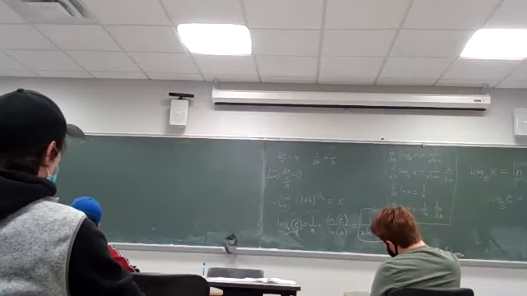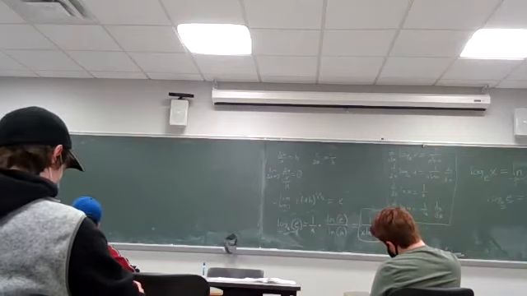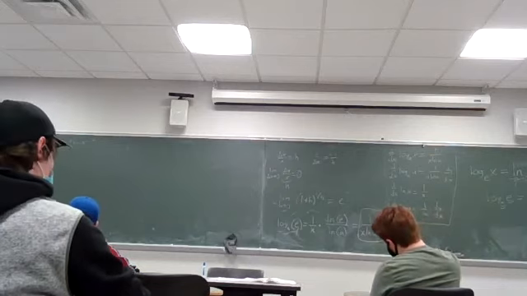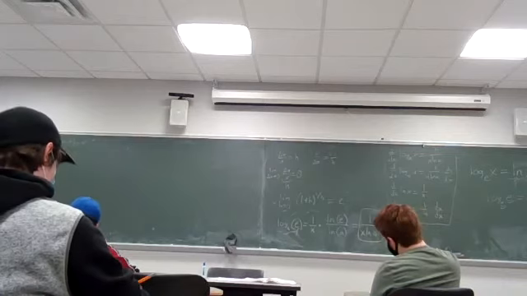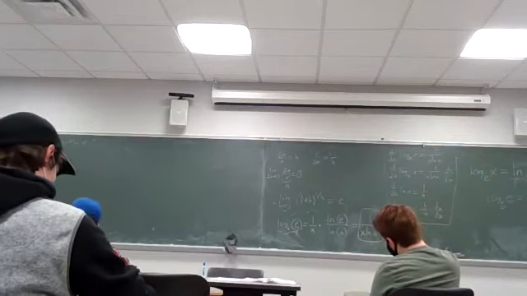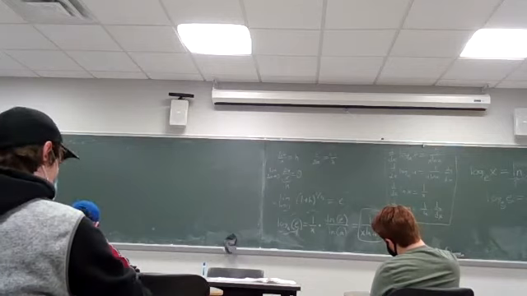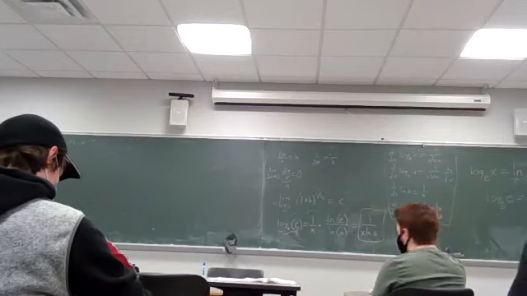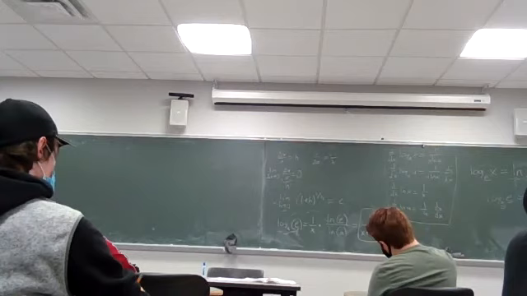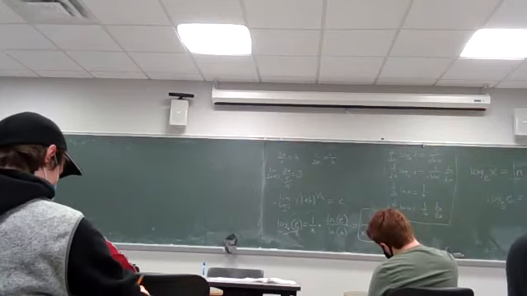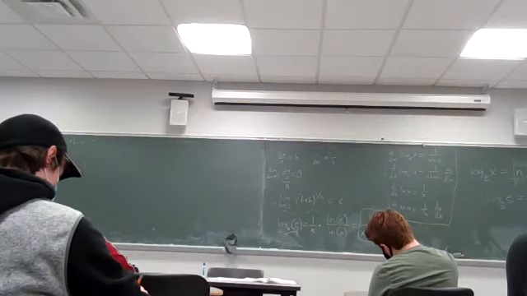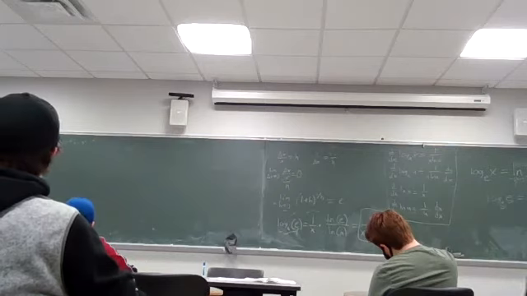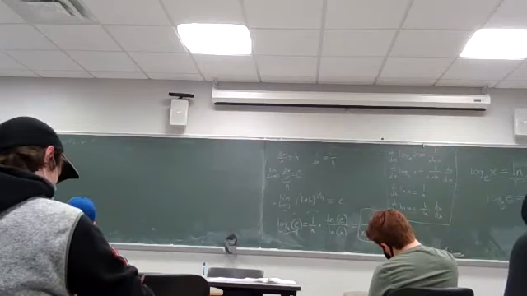We have log base 2 of some u, because this is an x, this is u. So it tells me the derivative of log base a of u is going to be 1 over u times the natural log of a. What is a in this case? 2. Good. Times du over dx. Good. That's it.